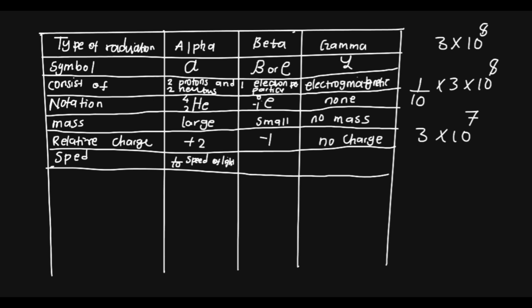Now let's move on to beta. Beta is 9/10 the speed of light. So we can see that here beta travels faster than alpha. Now what of gamma? Gamma is an electromagnetic wave, so this one has the same speed as the light, so it's the speed of light here.